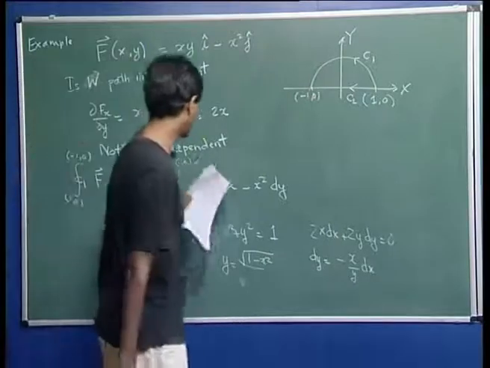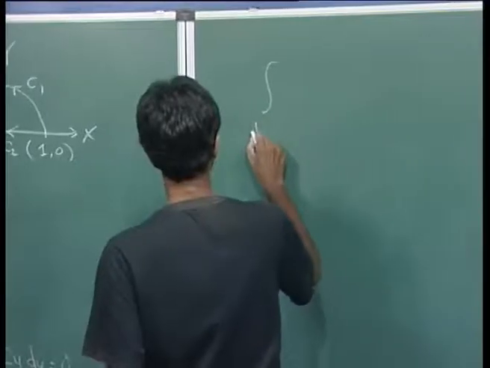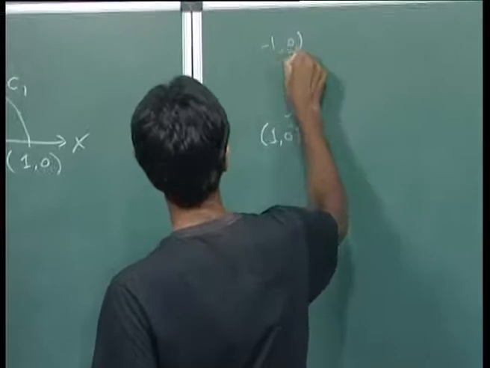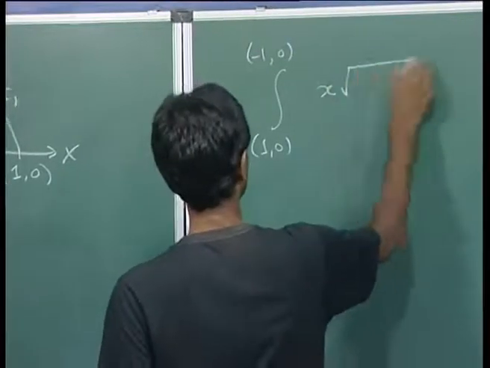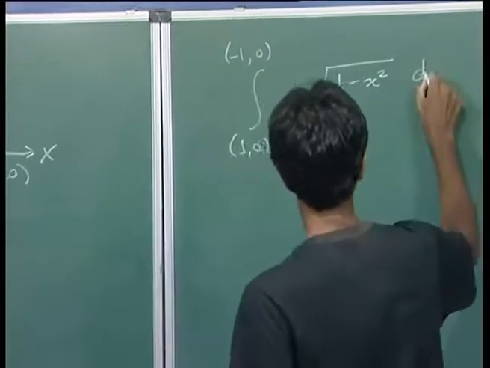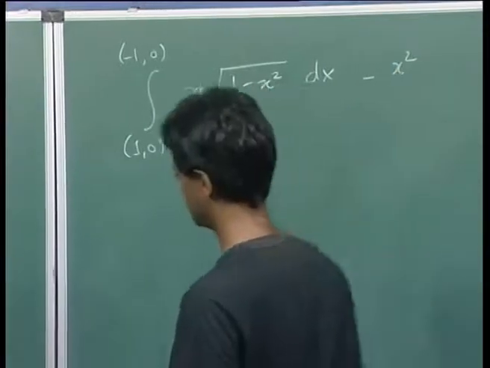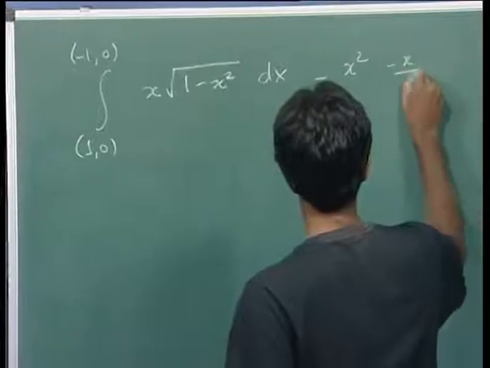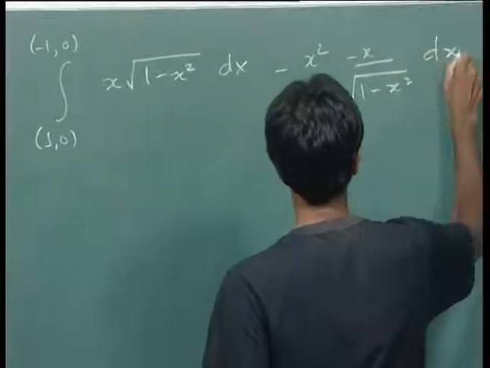Okay. So, putting all this together, we will get this as the integral from 1 0 to minus 1 0. So, the first term is x, now y is square root of 1 minus x square, dx. The second term is minus x square. Now, dy is minus x by y, so minus x by square root of 1 minus x square dx.